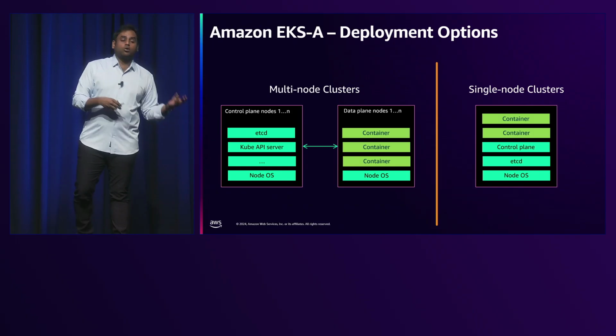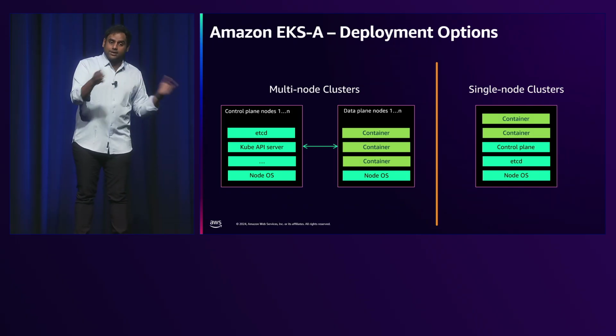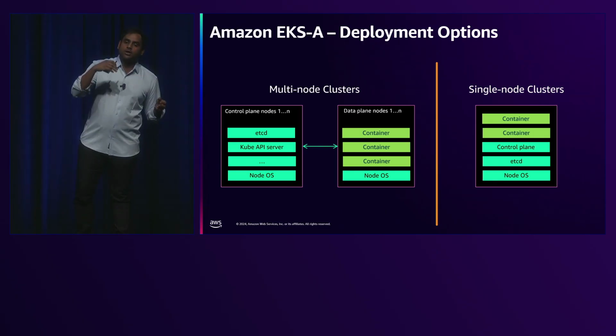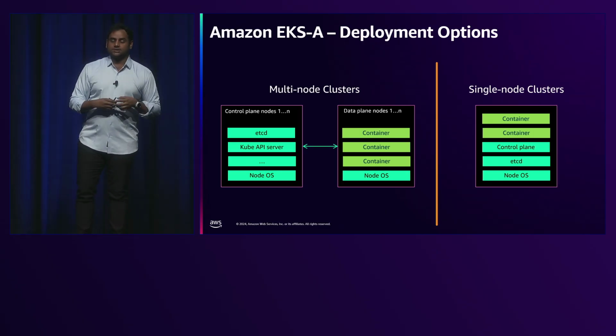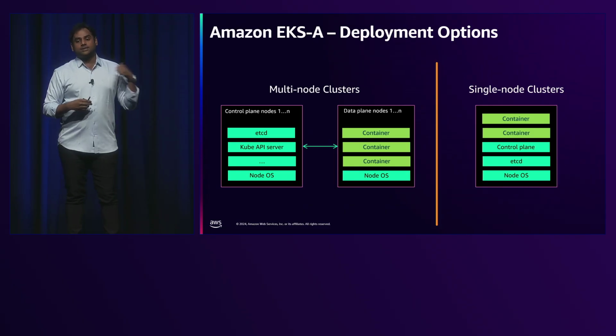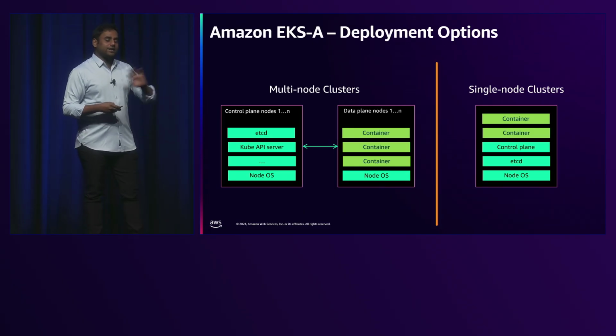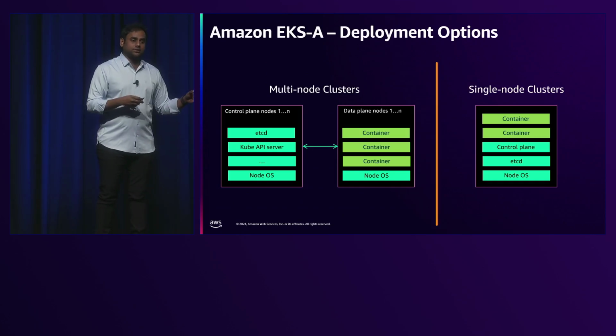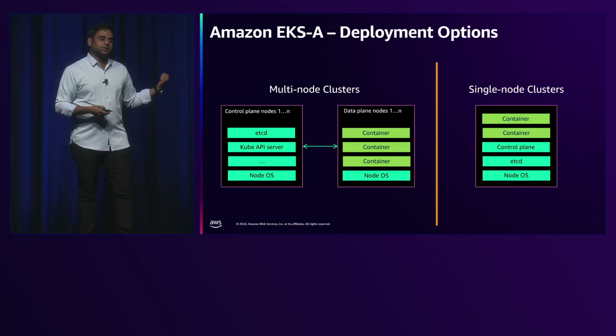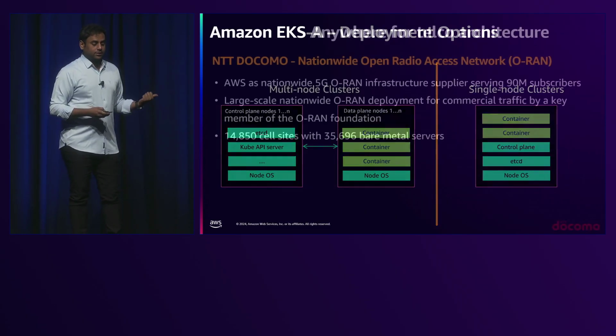The second one is the co-located master and worker nodes, where you can have 3 nodes with high available masters, and also the worker node can be running on the same machines. The third option is a single node approach, where you can run the entire EKS Anywhere cluster on a single bare metal node. So these are different deployment options we support with EKS Anywhere today.